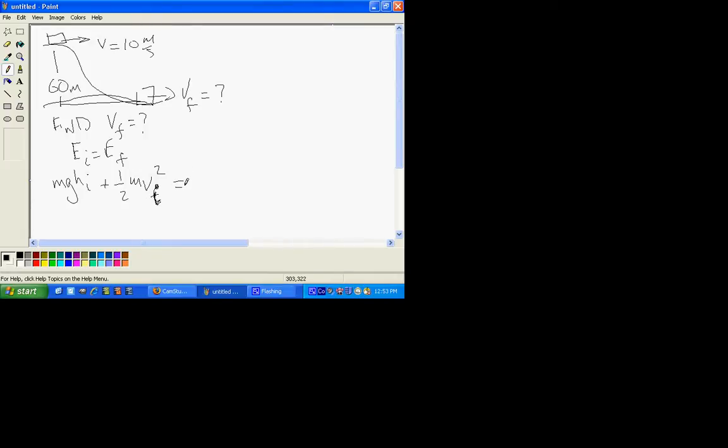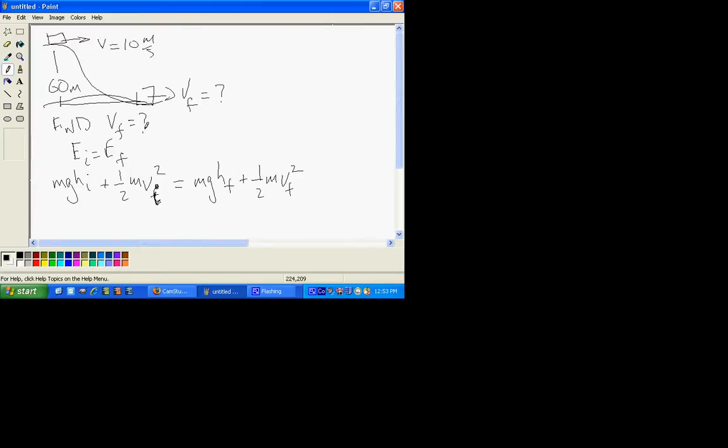And that's going to equal the final position energy plus the final kinetic energy. So you have your initial gravitational potential energy and your initial kinetic energy equal to your final gravitational potential plus your final kinetic.